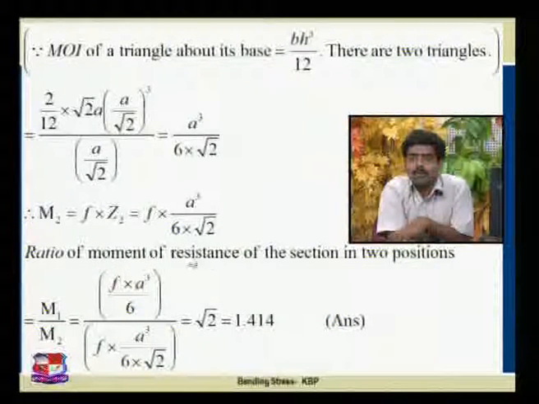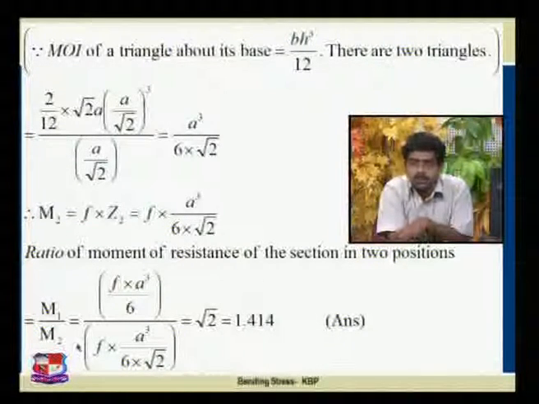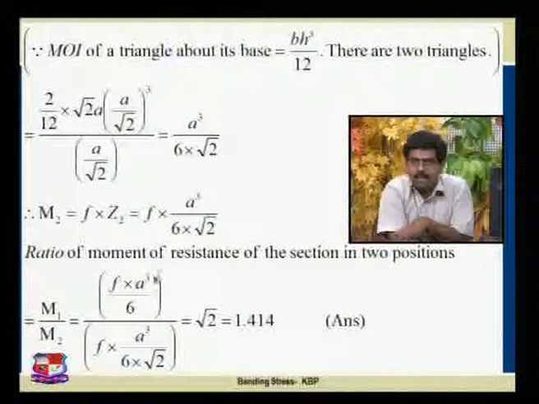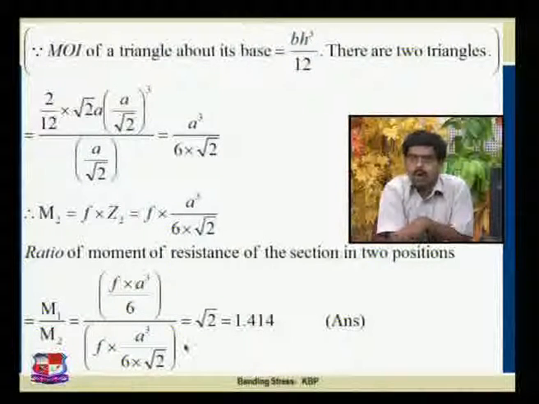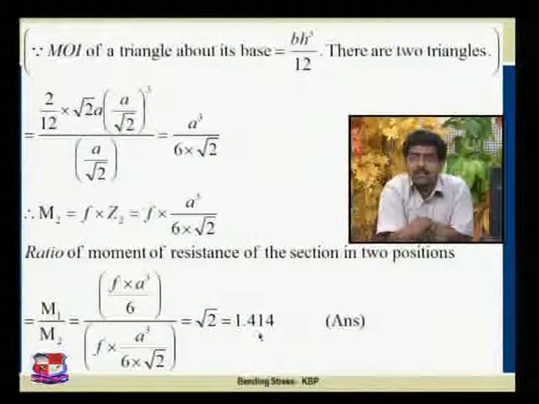The ratio of moment of resistance of the section in two different positions is equal to M1 divided by M2, that is f a cube by 6 divided by f into a cube by 6 root 2. f is the same. We obtain the answer root 2, 1.414 times. What does it mean?